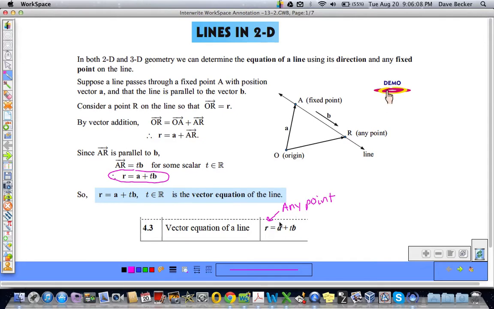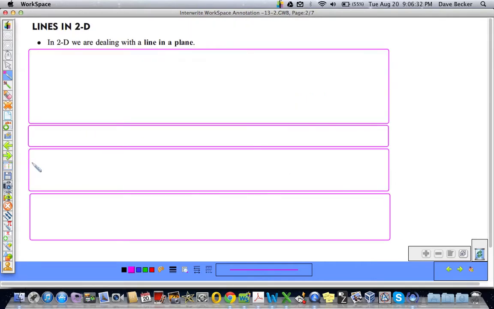And a is a fixed point or a known point on the line. And b right there is the direction vector. Which way is this line going? You can sort of think of it as slope. You'll see what I mean in a minute.